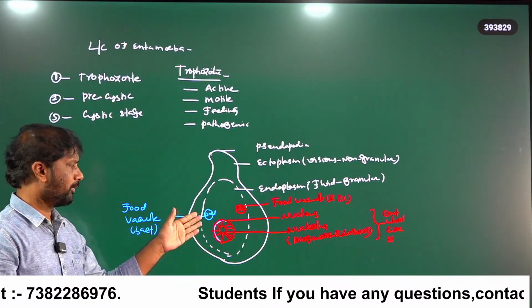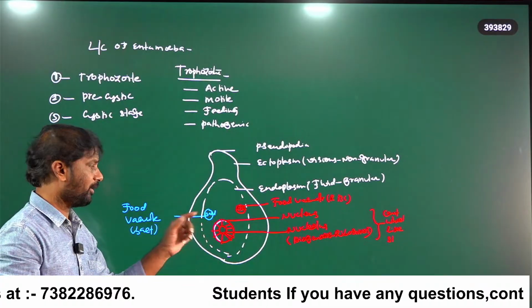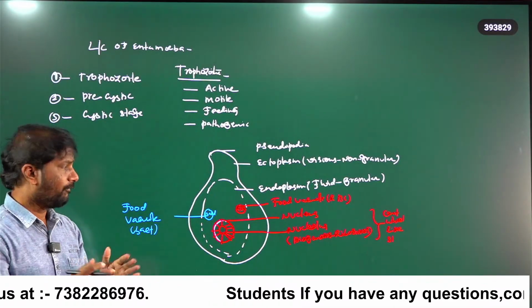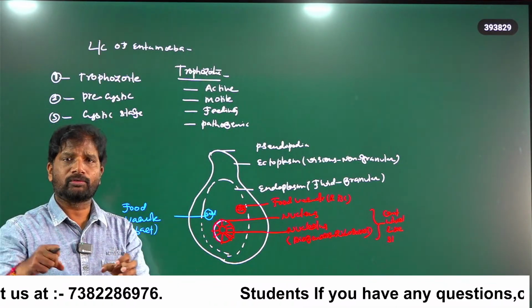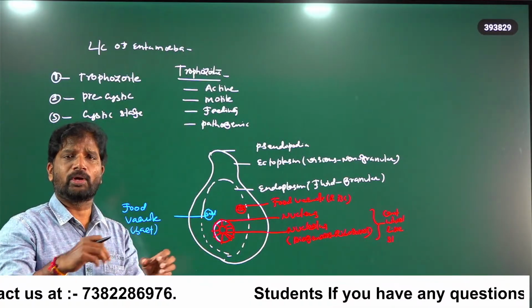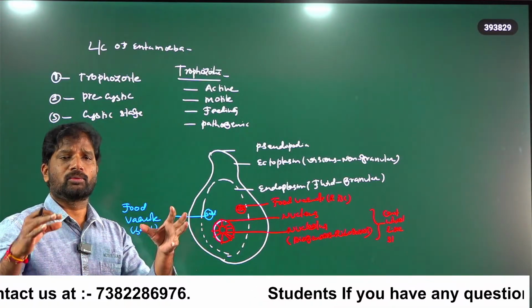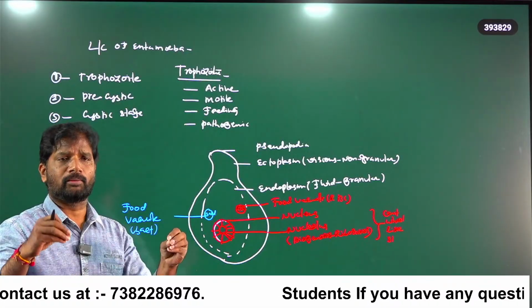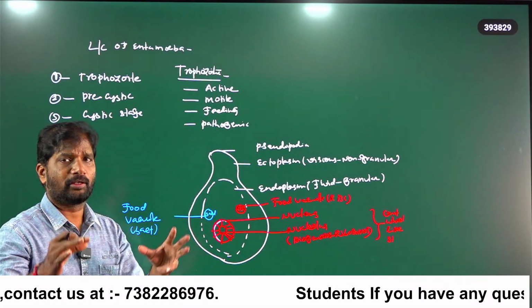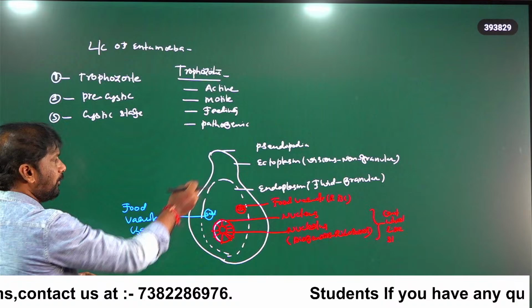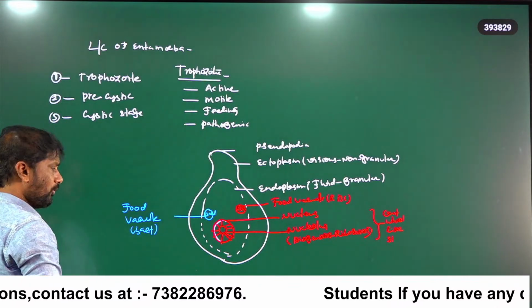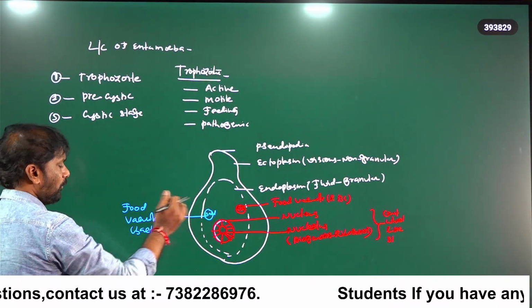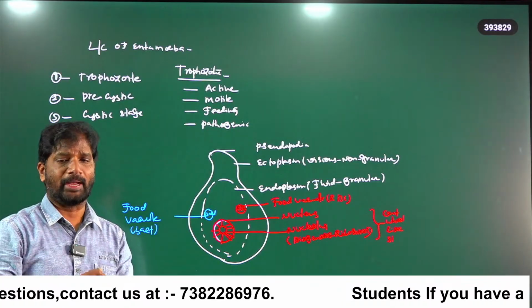So why are some of the food vacuoles rich with bacteria? When the blood and tissue debris ooze out, there are some bacteria inside our body, and such bacteria are also ingested by this trophozoite. So that's why this food vacuole is also rich with bacteria.